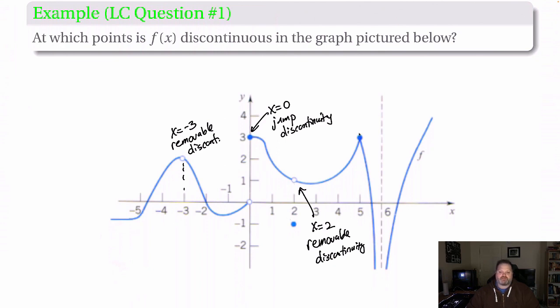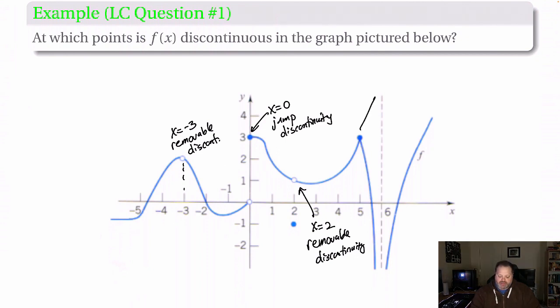What about at 5? Well, one of the things that people will often teach for the definition of discontinuity is what's called the tracing property, meaning that a point is continuous if you can trace through the graph of that point. So if you think about applying that property to 5, I can trace through the value at 5 without having to lift my pencil.